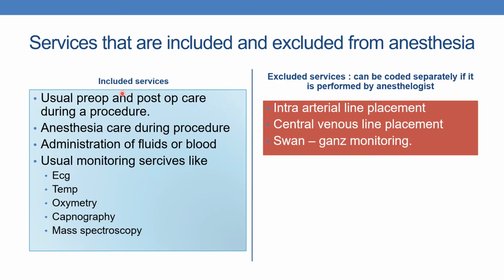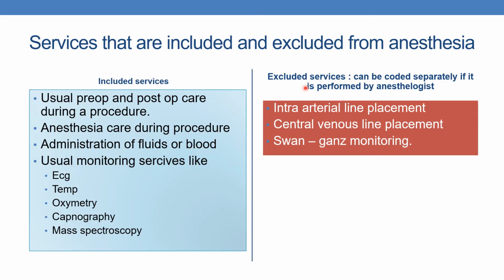That is, these services need not be coded separately. Examples are usual pre-op and post-op care, anesthesia care during the procedure, administration of fluids or blood, and usual monitoring services like ECG, temperature, oximetry, capnography, mass spectroscopy. These are the services which need not be coded separately along with the anesthesia code.